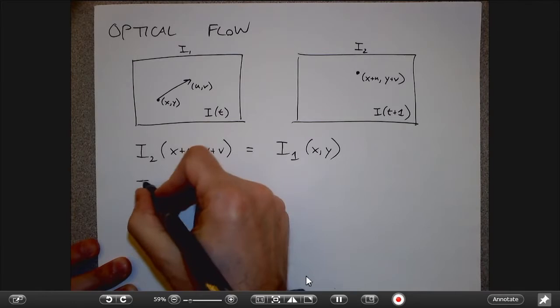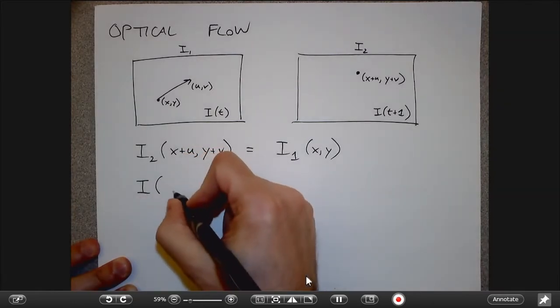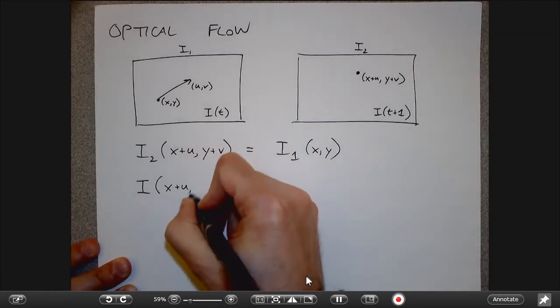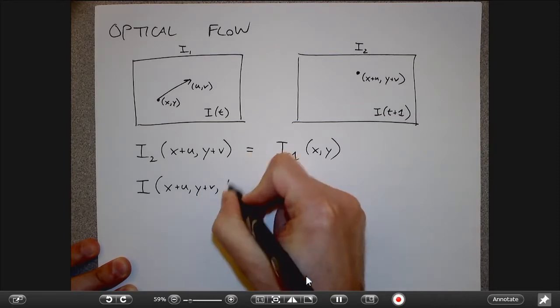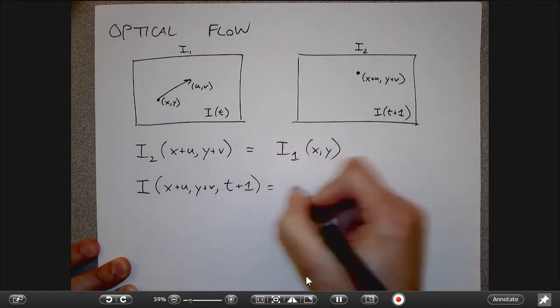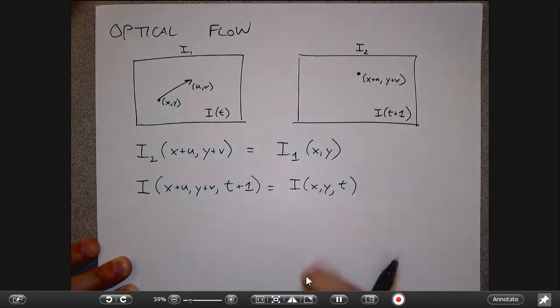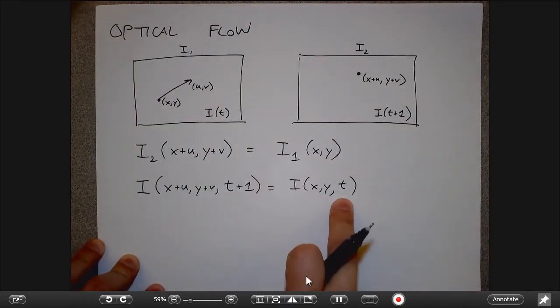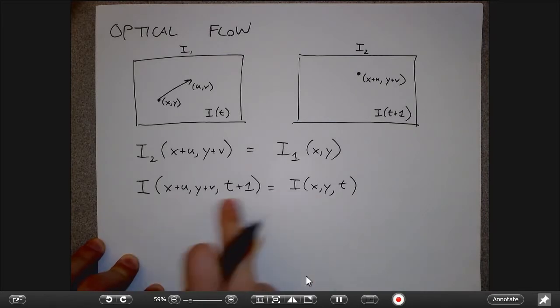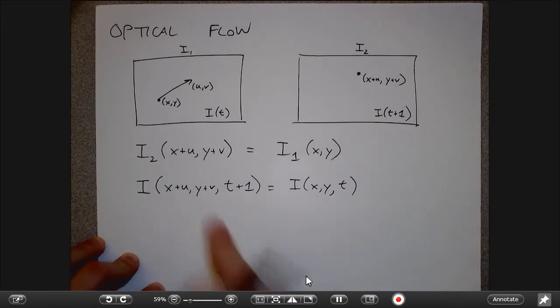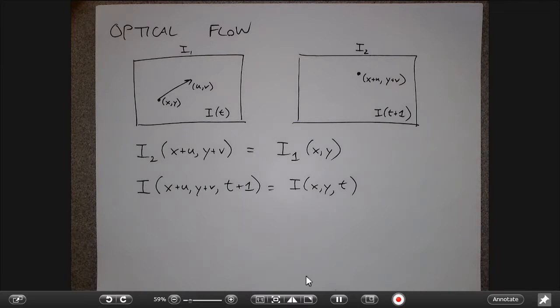Another way of saying this is that we could think about the image intensity as a function of space and time. So x, y at time t, this whole pixel moves to this position at t plus 1, x plus u, y plus v. In this sense, I've taken out the I1, I2, and I've just said that there's this one three-dimensional quantity I that depends on both pixel location and time.